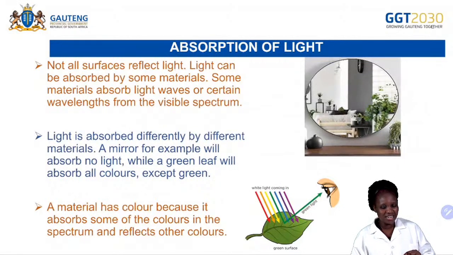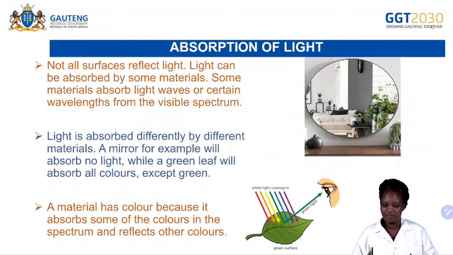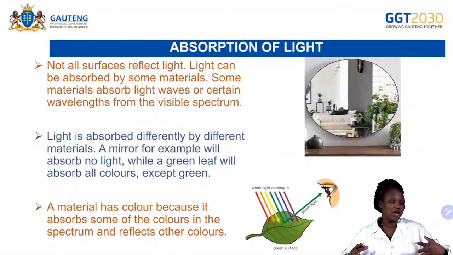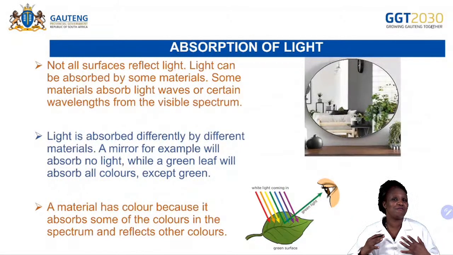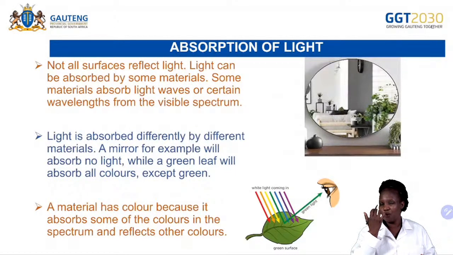And then a material has color because it absorbs some of the colors in the spectrum and reflects other colors. For example, the green leaf would absorb all the colors of the visible spectrum and only reflect the what? The green into our eyes. Then we'll see the leaf as color green.